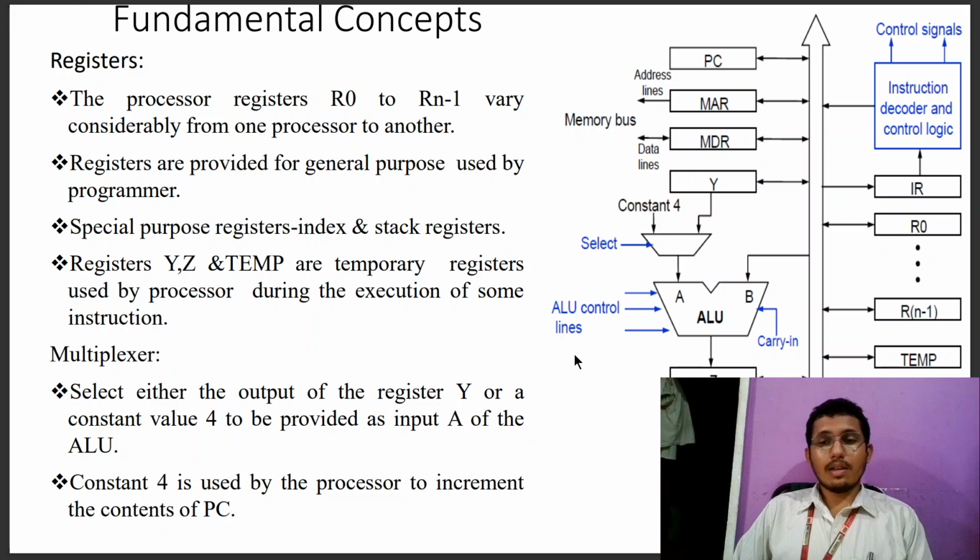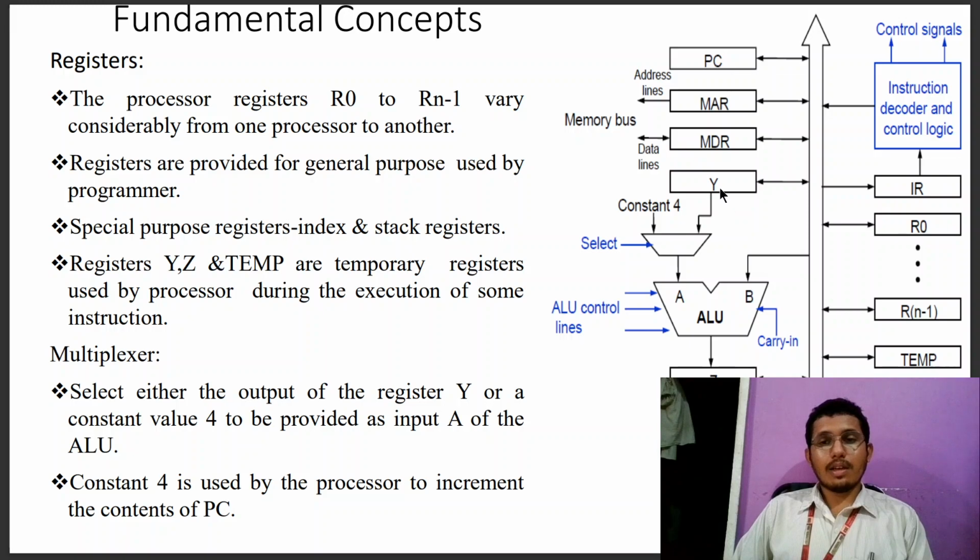Registers Y, Z and Temp are temporary registers used by the processor during the execution of some instructions. And then the multiplexer. What the multiplexer does is take the output of Y or a constant value to be provided as the input to the arithmetic and logic unit.